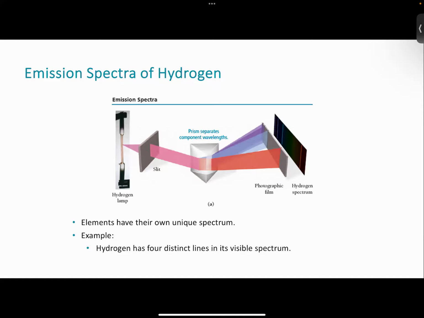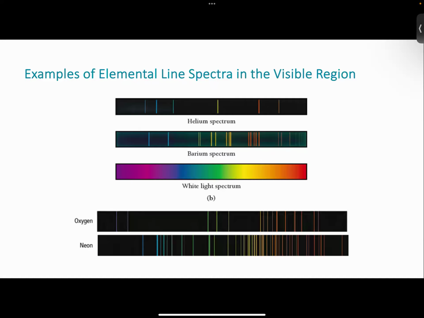If it were any other element, we would see other lines. So helium, for example, has 5 lines. Barium is much more complicated.